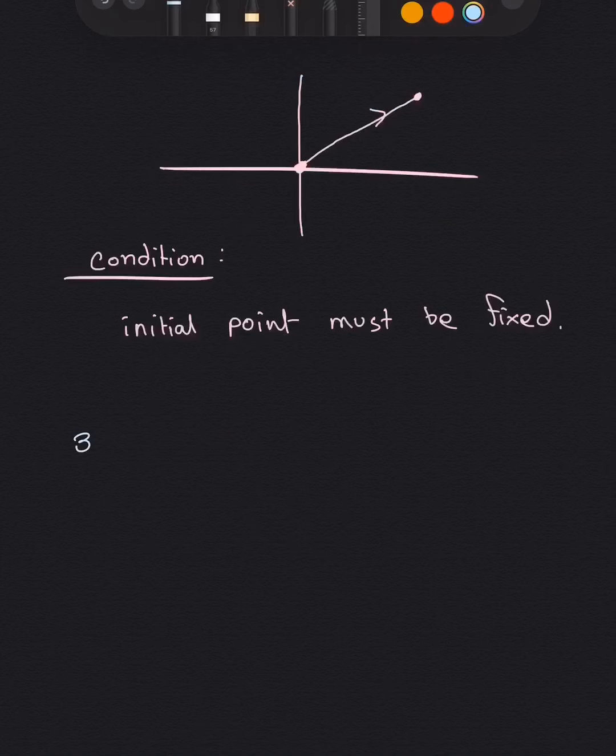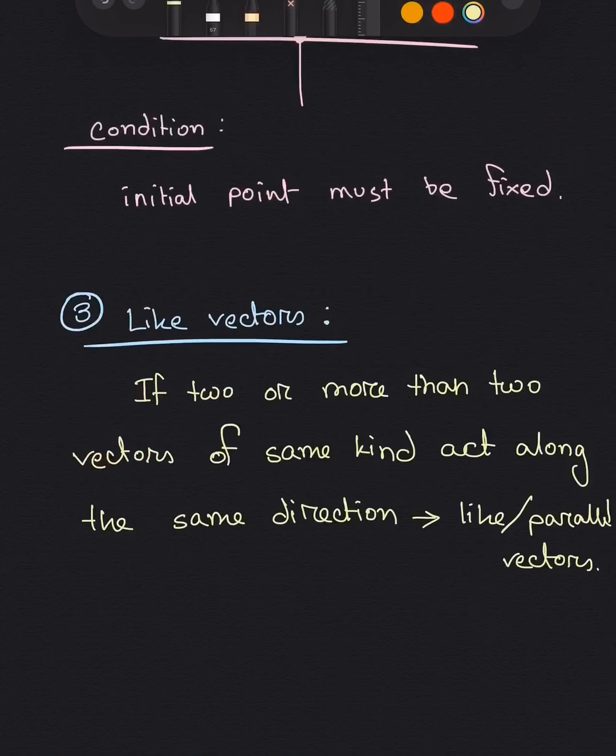Now let us come to our third topic, which is like vectors. If two or more vectors of the same kind act along the same direction, they are called like or parallel vectors. Okay, what do we mean by the same kind?